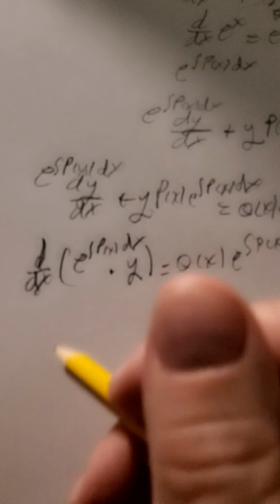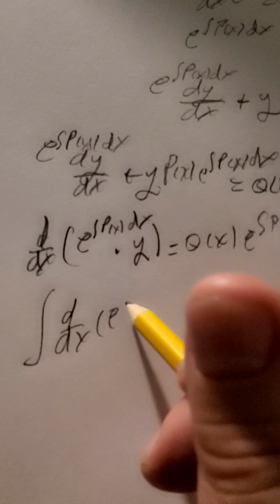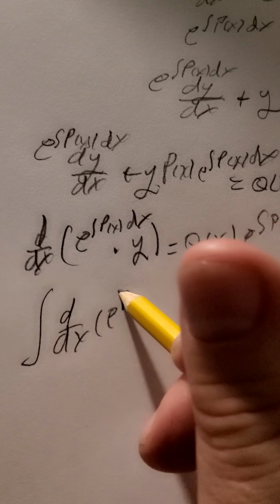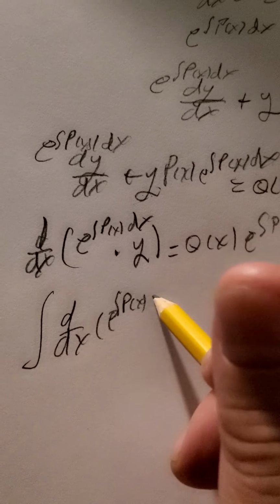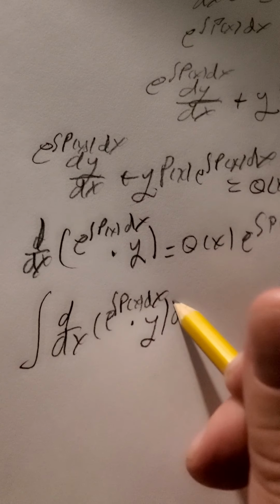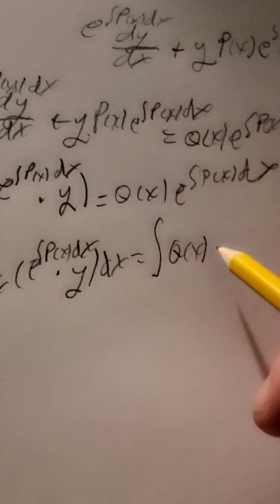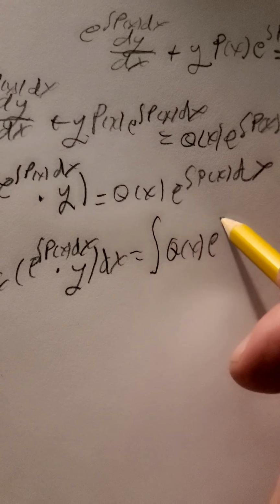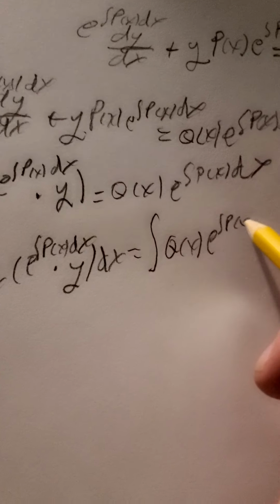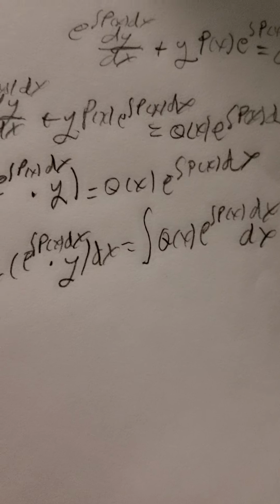Now, if I integrate both sides, the integral of this product of e to the integral of p of x dx times y with respect to x, and I integrate this side as well with respect to x.